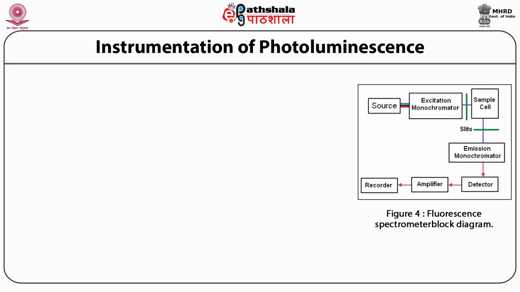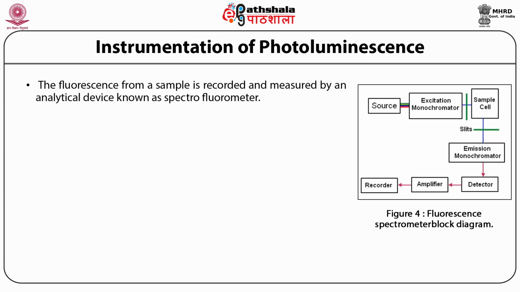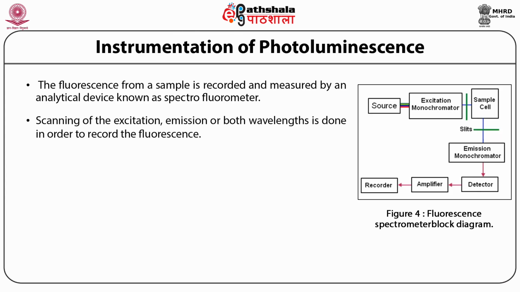Let us study the instrumentation of photoluminescence. The fluorescence from a sample is recorded and measured by an analytical device known as a spectrophotometer. Scanning of the excitation, emission, or both wavelengths is done in order to record the fluorescence.